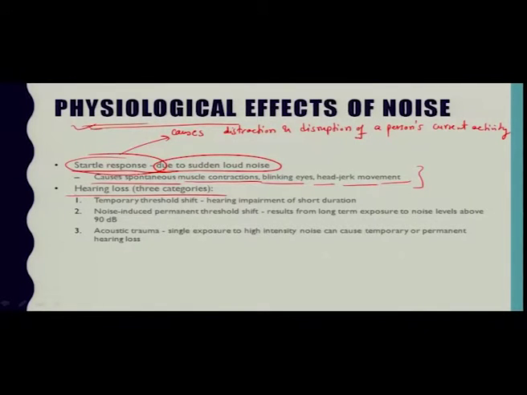The first is the temporary threshold shift, a hearing impairment of short duration. The second is noise induced permanent threshold shift, which results from long term exposure to noise levels above 90 decibels. The third is acoustic trauma, a single exposure to high intensity noise which can cause temporary or permanent hearing loss.